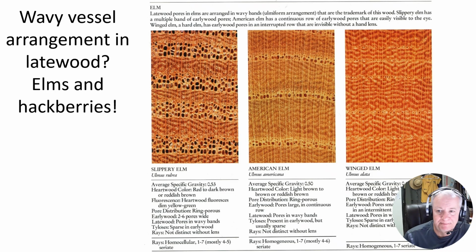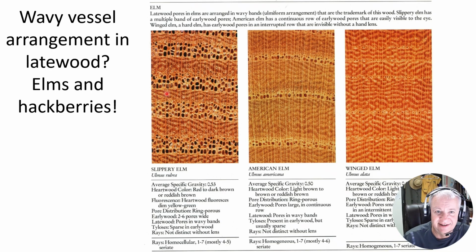Another thing that we can use to determine down to genus or species sometimes is that there may be other patterns of vessel arrangement. In this case, these are all ring porous arrangements. You can see all of these examples have very large vessels in the early wood and then an abrupt transition to small vessels in the late wood.